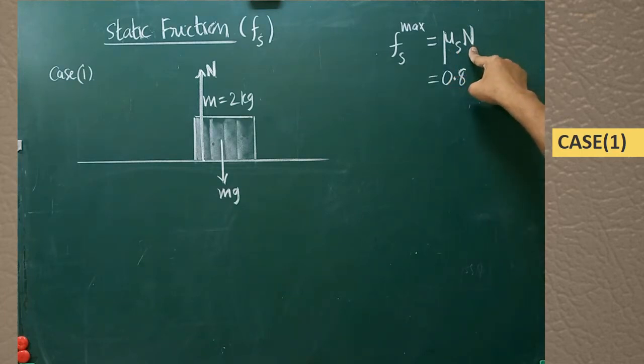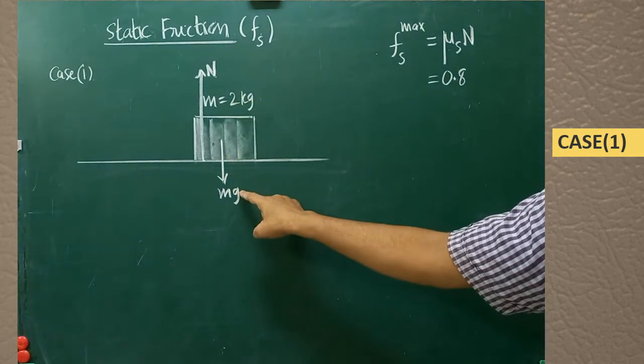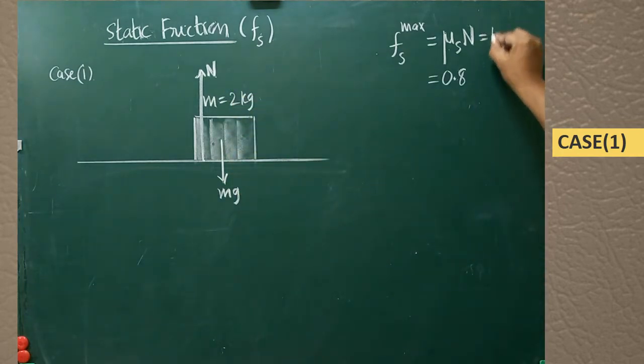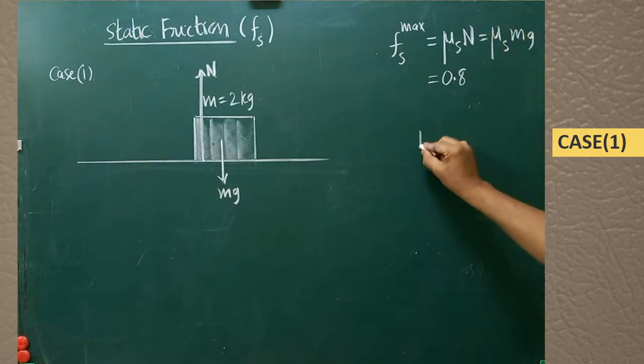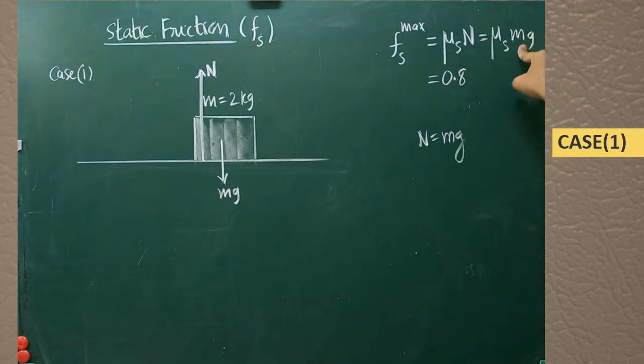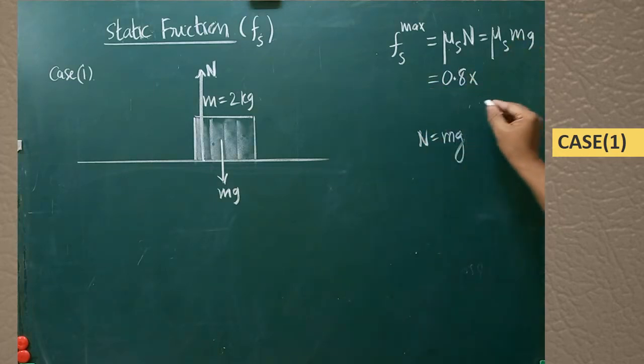Here, the normal is always equal to mg. Therefore, we can write one more formula, mu s into mg, because N is equal to mg. Instead of N, I have substituted mg. Are you clear? Instead of m, we can substitute 2 kg.